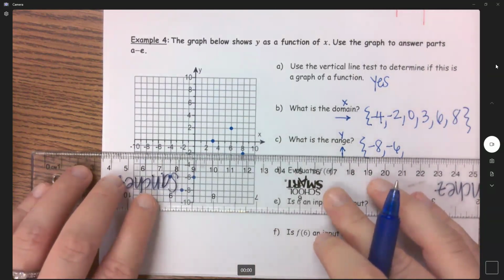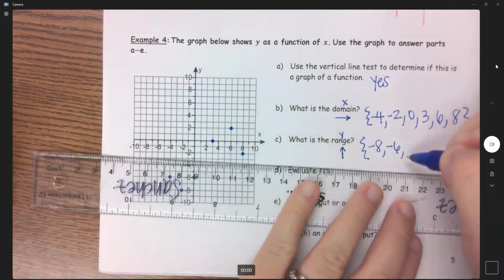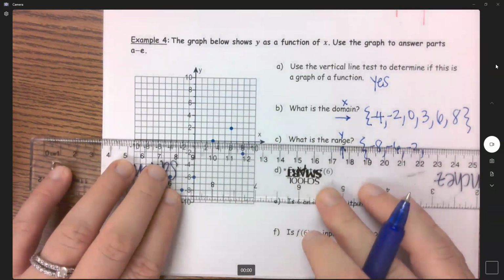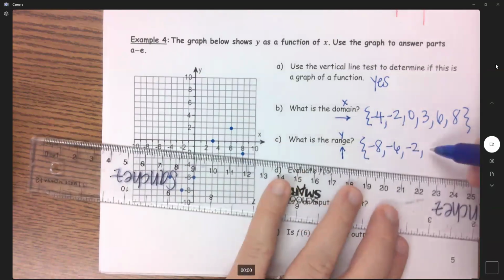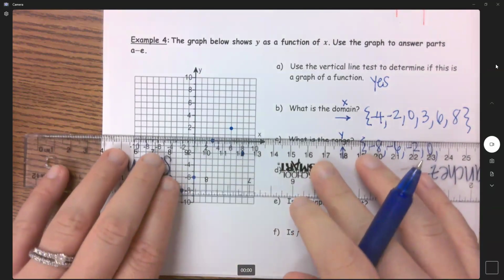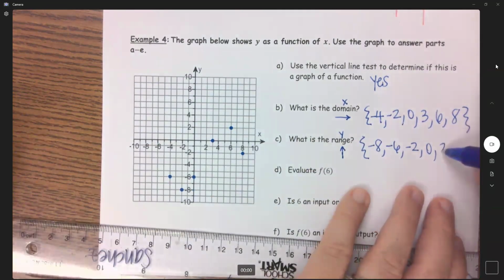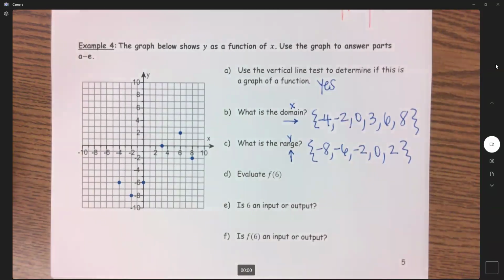Continuing up, here is our next one. I have a Y value right here at -2. Here I have a Y value at 0. And then lastly, a Y value at 2. And then squiggly brackets. Okay, rewatch that if you need to.